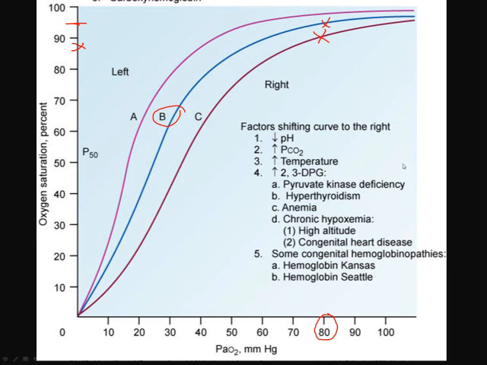Okay, so here, the only thing that happened is we have the same PO2. The PO2 is exactly the same. It's 80. What happened is the patient became acidotic, and that acidosis is going to interfere with how well oxygen binds to hemoglobin. So our curve is shifting to the right, and then we see that our oxygen saturation is going to go down.